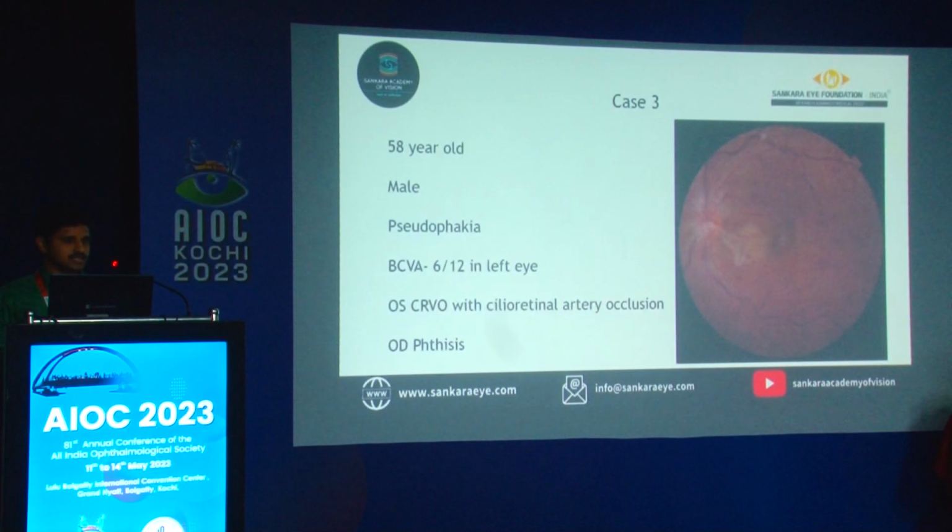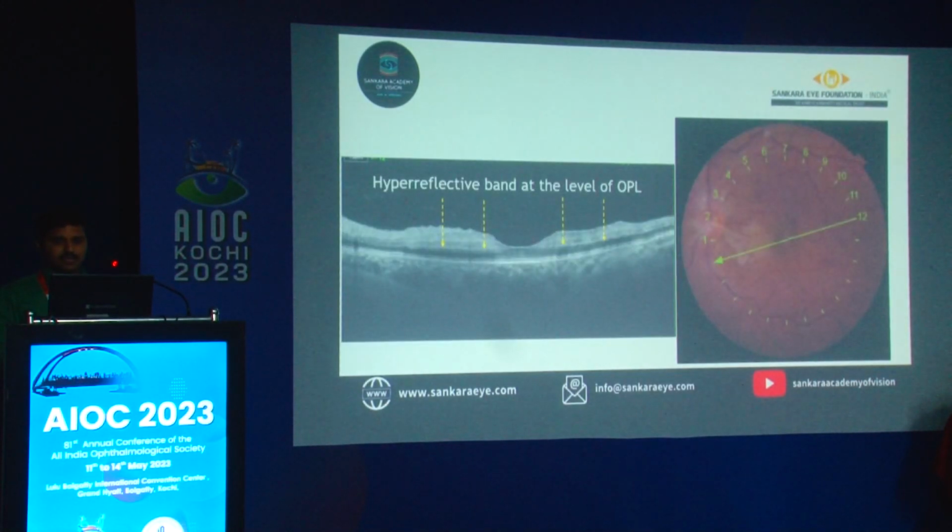Moving on to another case, a 58-year-old gentleman presented with a central retinal vein occlusion with a cilioretinal artery occlusion in his left eye. He was one-eyed. At that time, we could see an area of retinal whitening corresponding to the cilioretinal artery occlusion, but even in other areas we could see a hyperreflective band at the level of the outer plexiform layer.